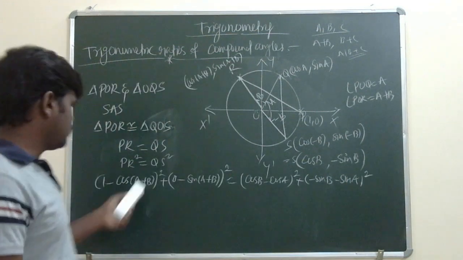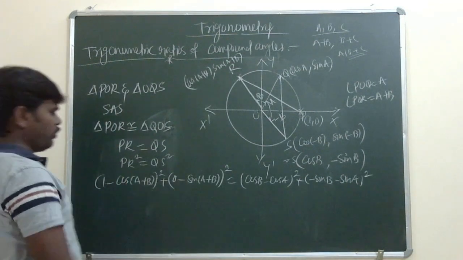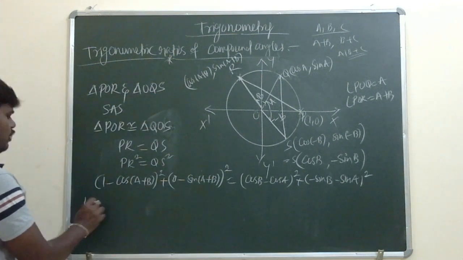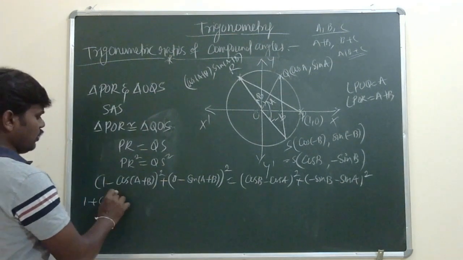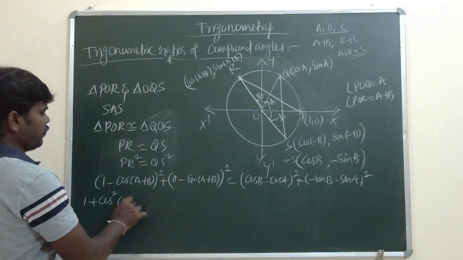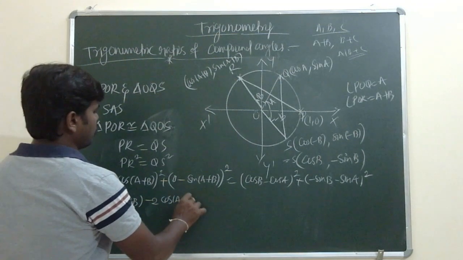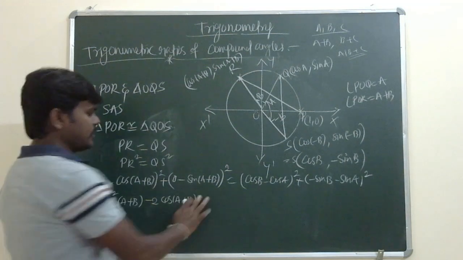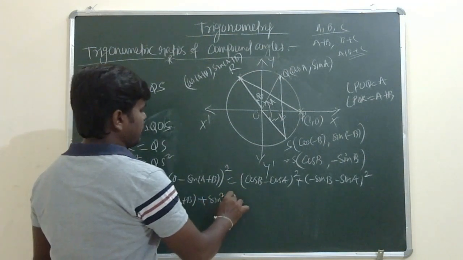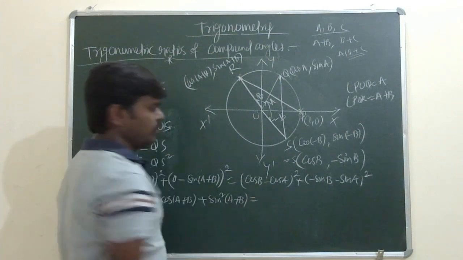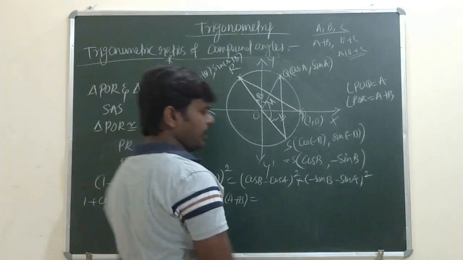So now just simply expand this. This is in the form of (a minus b) whole square. So here 1 plus cos square(A plus B) minus 2 cos(A plus B), and here plus sin square(A plus B), which is equal to, here again the (a minus b) whole square formula.